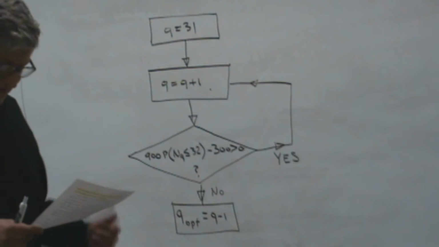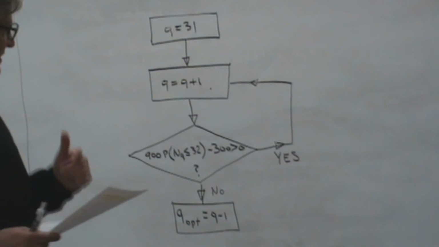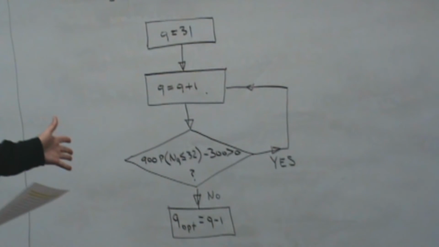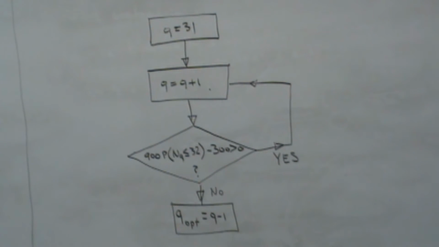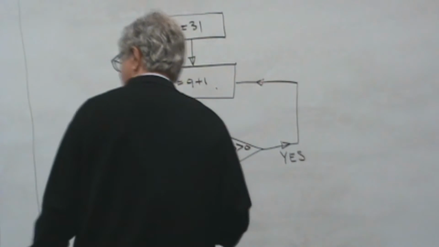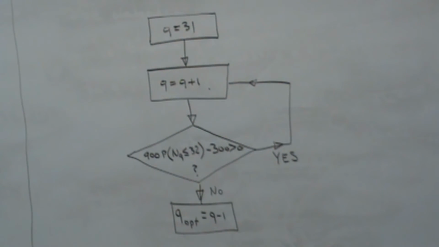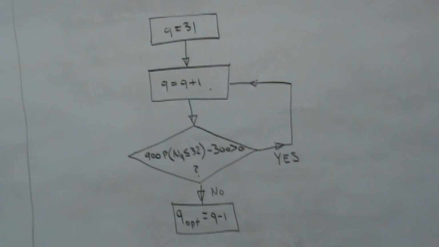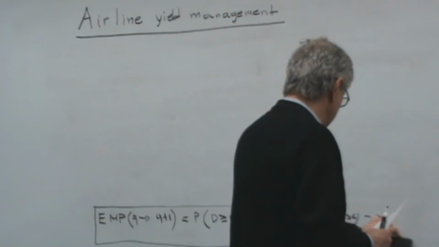And some commands that we want to use if we are writing an Excel program to implement this algorithm are first the command for Poisson distribution, and the other is for the binomial. Poisson is the number of events that occur in a certain fixed period.